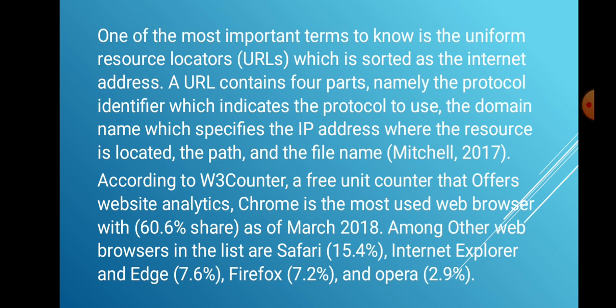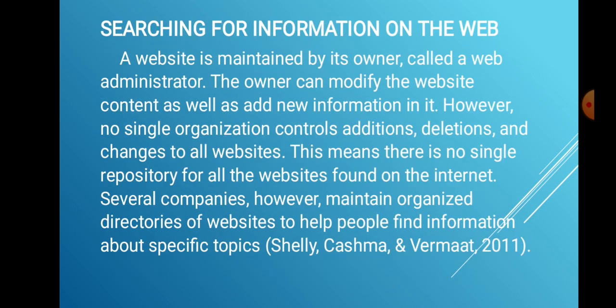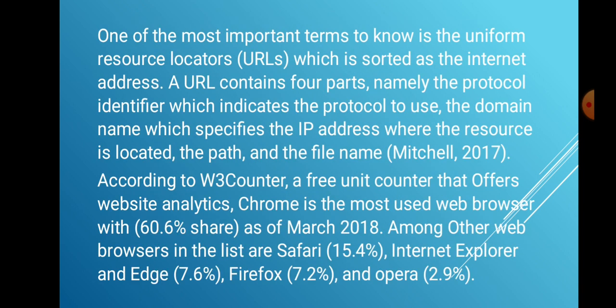A URL contains three parts, namely the protocol identifier, which indicates the protocol to use, the domain name, which specifies the IP address where the resource is located, and the path of the file name. Mitchell, 2017.